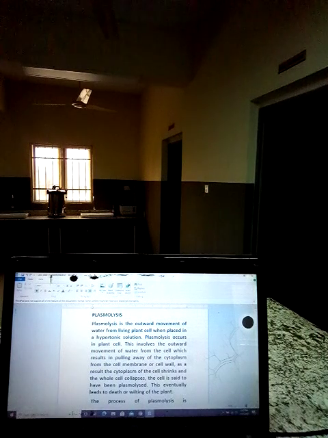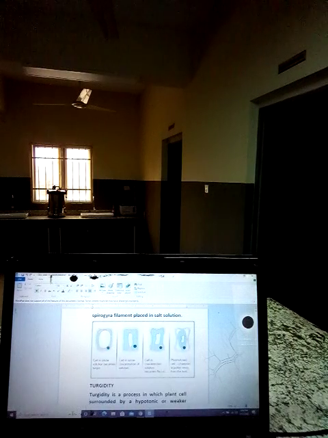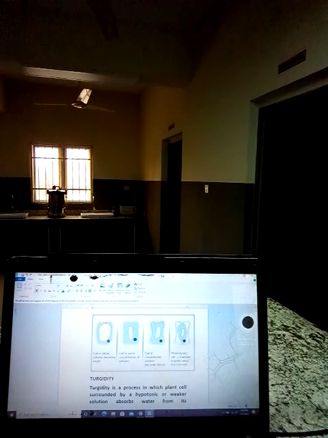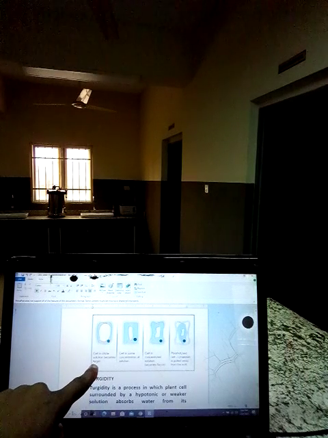We'll be considering a very typical case here. The process of plasmolysis is demonstrated in the laboratory using spirogyra filaments, as you can see on the screen now. Here, the cell in dilute solution becomes turgid. Why?